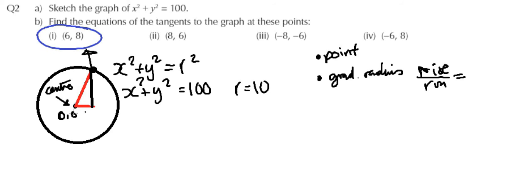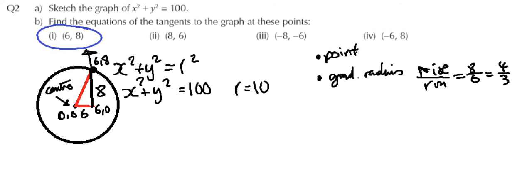The x goes across, that's going to be 6, 0. This one is 6, 8. So my triangle goes from 0 to 8, so it's 8 tall. Across, it goes from 0 to 6, so it's 6 wide. So my gradient is 8 over 6, or 4/3 if I simplify.